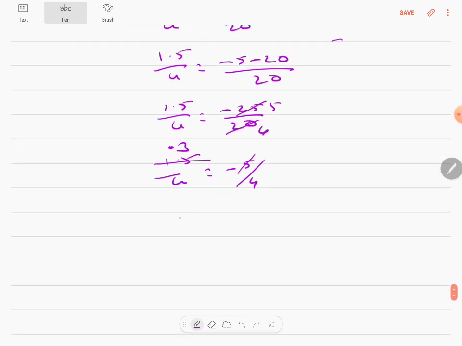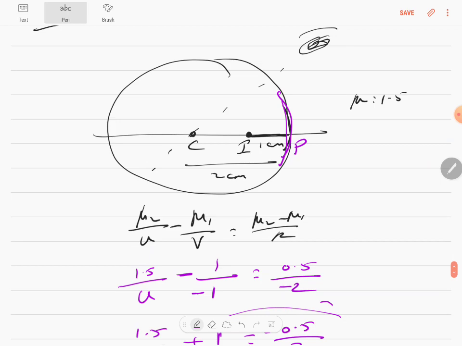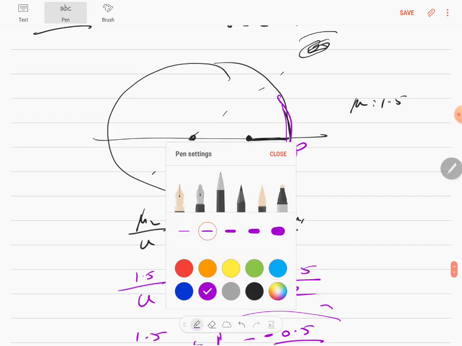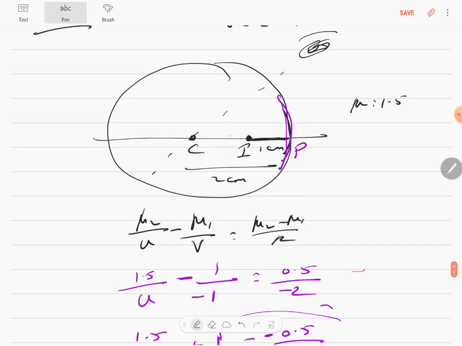Then cross multiplying, u becomes minus 1.2 centimeter, which is 1.2 centimeter from the pole. So the distance between the object and image is 0.2 centimeter.